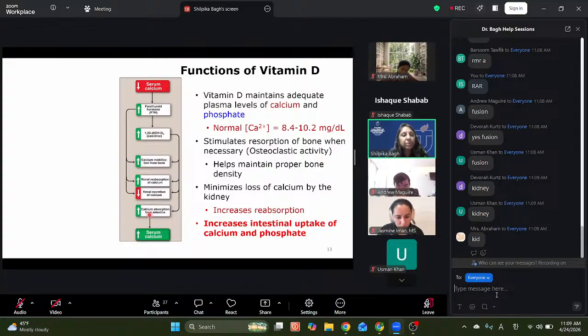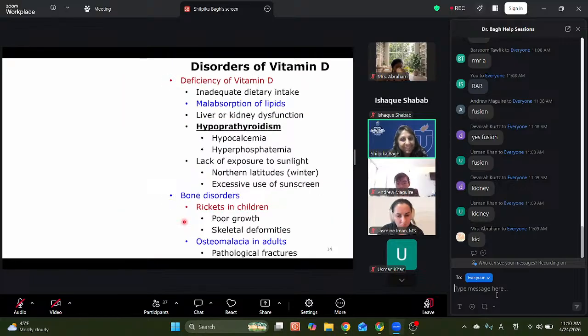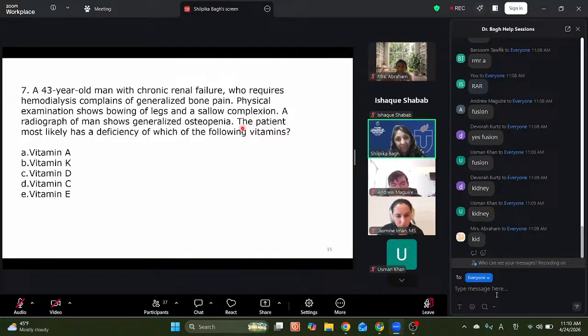The major role of vitamin D, whose active form is 1,25-dihydroxycholecalciferol, is to bring serum calcium and phosphorus back to normal if they go down. Parathyroid hormone works with vitamin D except at the level of the kidney. It promotes phosphate excretion.